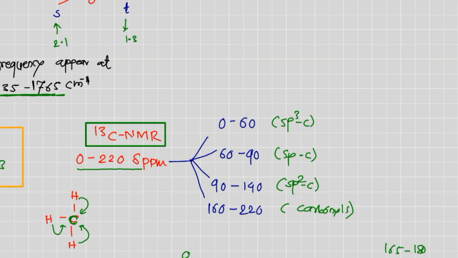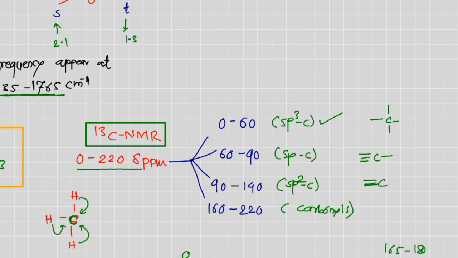First, for saturated carbon, it is from 0 to 60 or 65, due to sp3 hybridized carbon. For 60 to 90 this is for sp hybridized carbon, and for 90 to 140 this is due to sp2 hybridized carbon, so olefins, benzenes, etc. And lastly, 160 to 200 and above, it will be due to carbonyls.